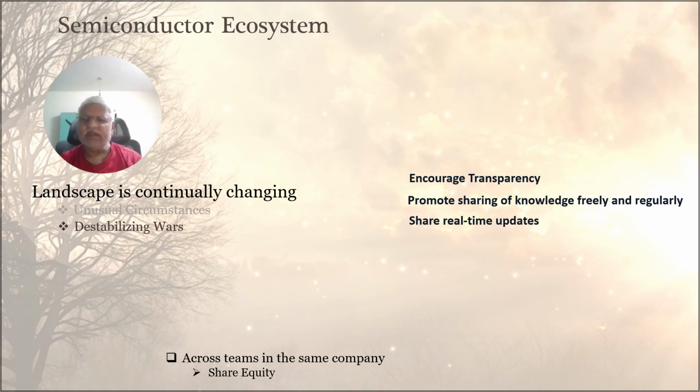You should not hold the data to yourself, and you should not create walls between your team and the other team. That way you can reduce the wars, and you can improve the supply chain.